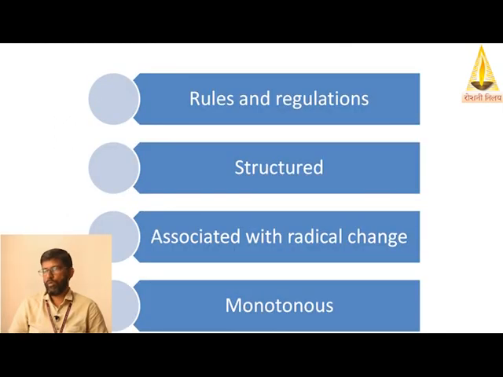What are the features of modernism? The rules and regulations. On the surface, it looks like modernism does not have any rules and regulations, but it has its own internal rules and regulations. It has to have, otherwise the art does not continue to exist. It has its own structure as well. It needs to have a structure of its own, even if it seems to have no structure, but it will need to have a structure.